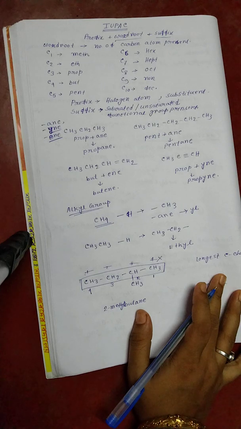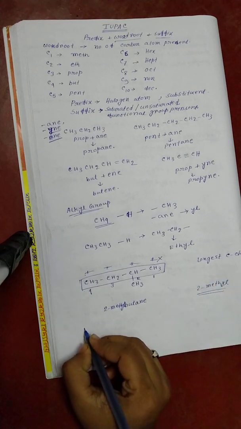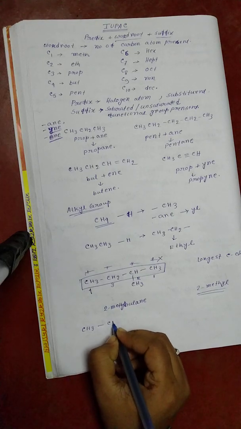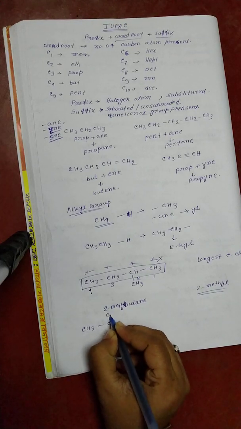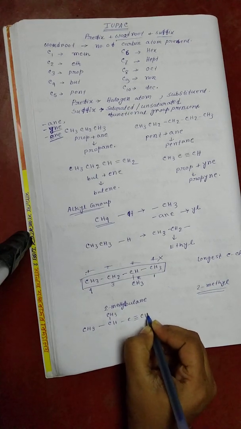You must remember that in compounds where both a substituent and a double or triple bond are present, you must give the priority to the unsaturation, that is the double bond or triple bond. I am giving one example: CH3, CH3, C triple bond CH.